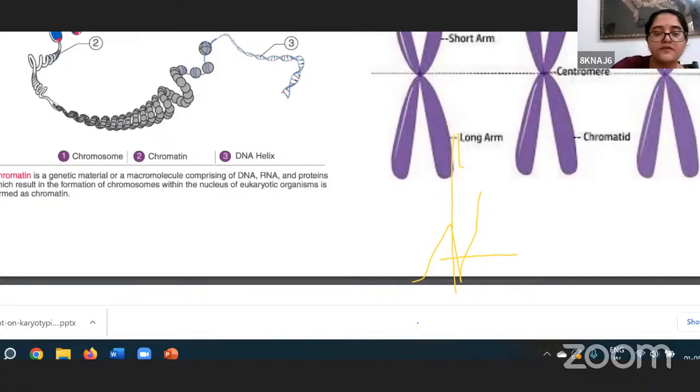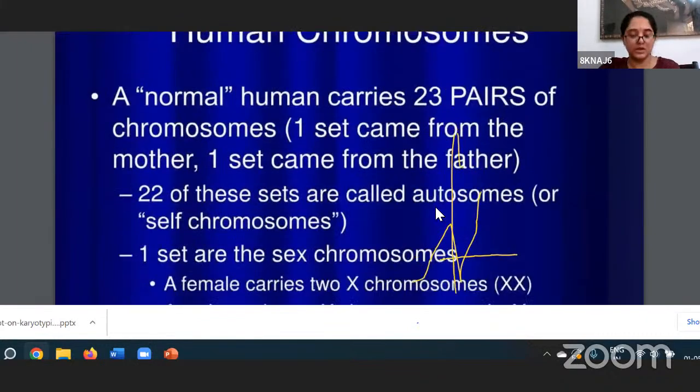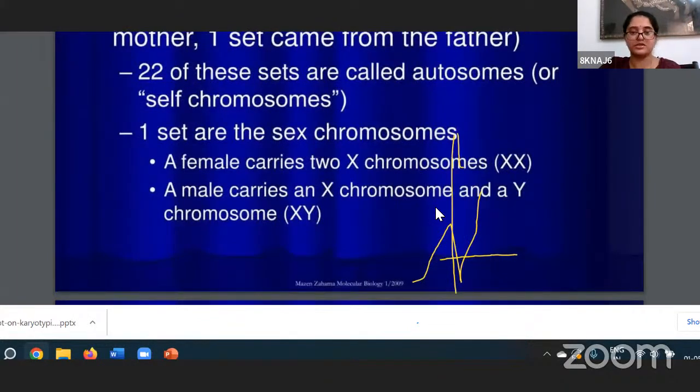So you have quite a few Giemsa staining techniques to identify the human chromosomes as such.